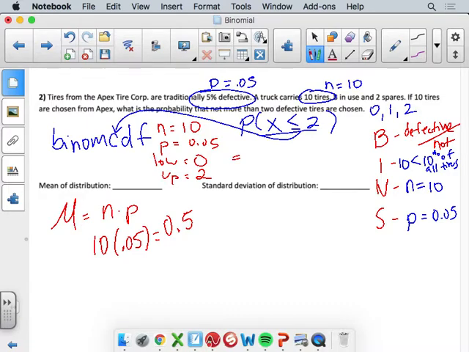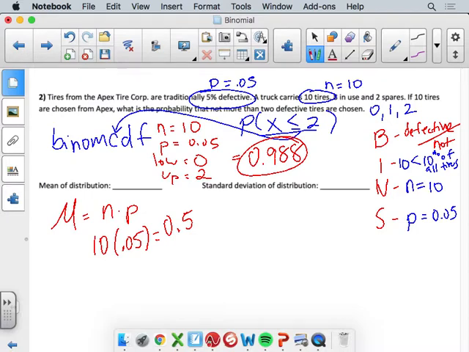What did I get on Tuesday? 98.8%, 0.988. Does that sound right? Yep, I got that on your calculator, but you need to be able to do it on your own. Should we do 3 decimals or 2?